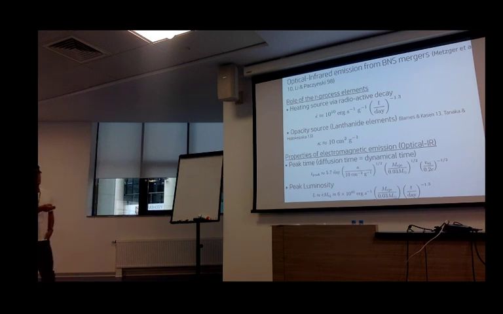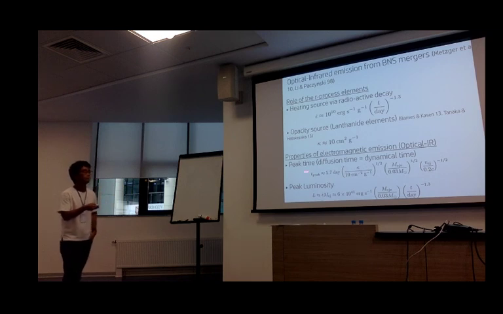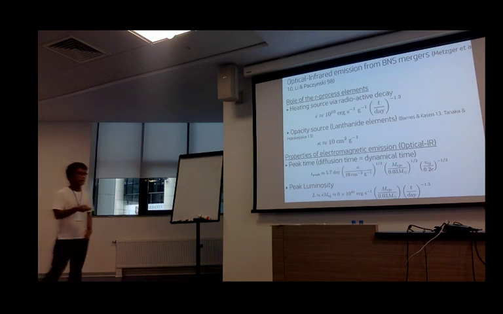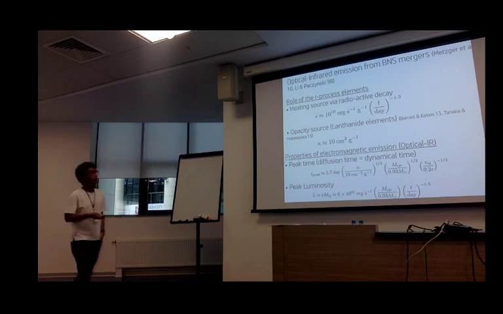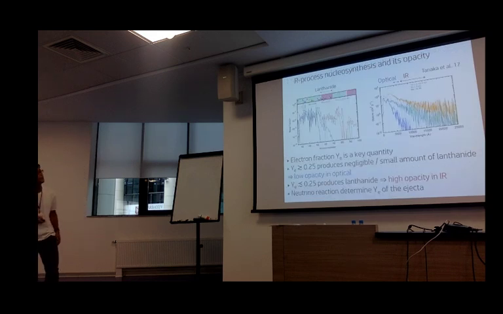Finally, the diffusion time equals the dynamical time. At this stage, the photon emission peaks. The peak time scale is about 1 week for a typical binary neutron star merger, and the parameters and peak luminosity are something like this. This is the basic foundation of the optical infrared emission, called kilonova or macronova emission.